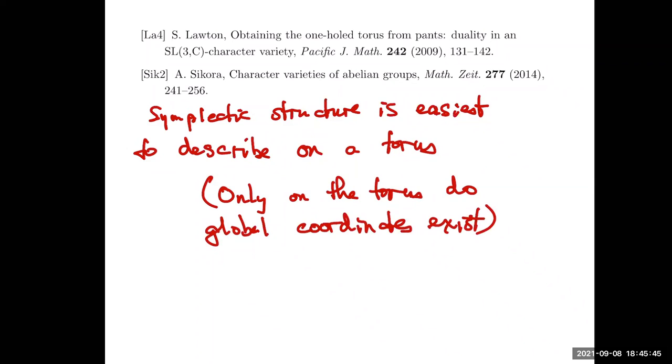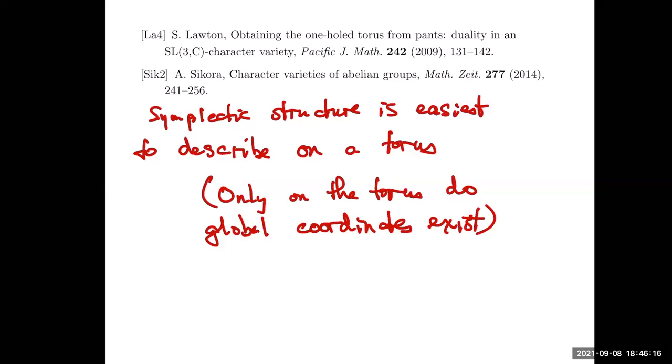So probably the thing that is most illuminated by this is the fact that if two of these loops do not intersect, the symplectic structure is concentrated at the intersection points of the two loops.